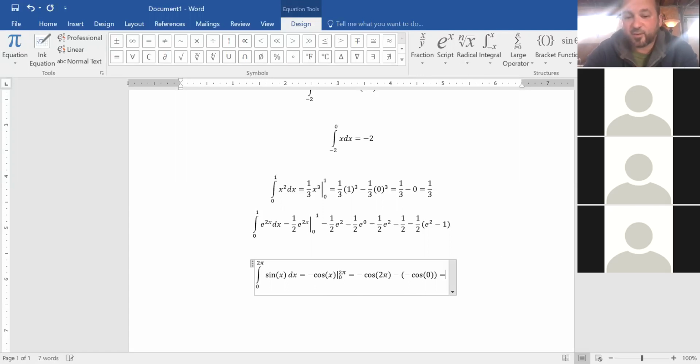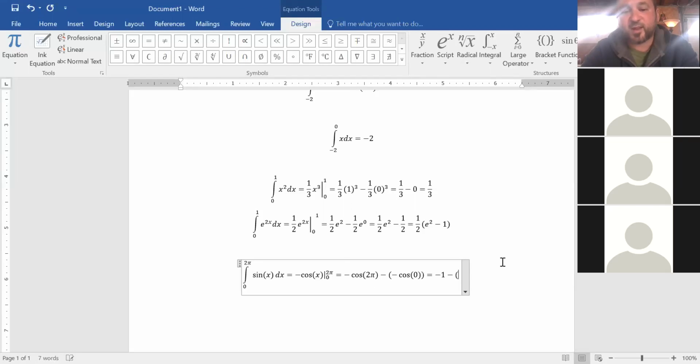So now that's equal to cosine of 2 pi. 2 pi, you're at 0, and you're measuring the horizontal distance to the vertical axis. So that cosine of 0 or cosine of 2 pi is 1. So that means negative 1 minus cosine of 0.